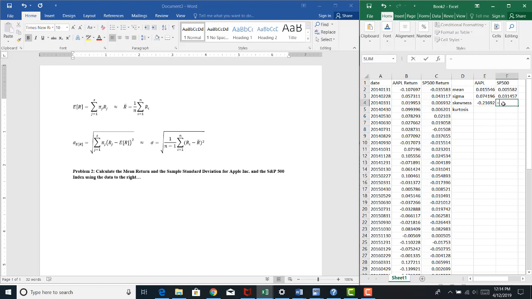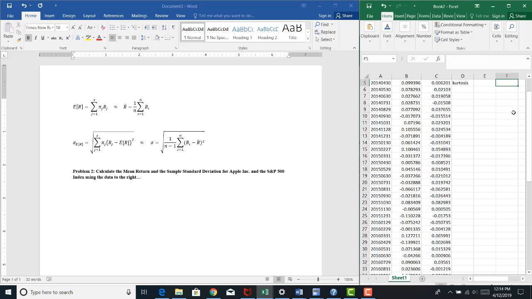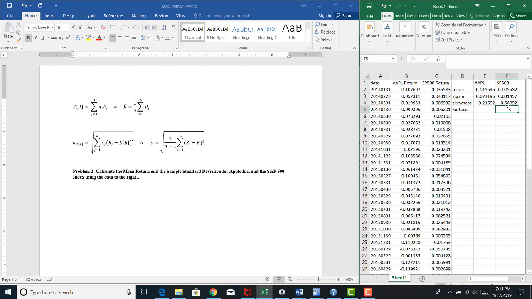To calculate the skewness for the S&P 500 returns, I get a much more negative skewness of negative 0.56, which means both Apple and the S&P 500 have negative skewness. To calculate kurtosis, you remember that formula.